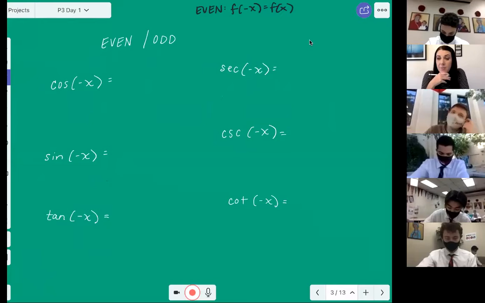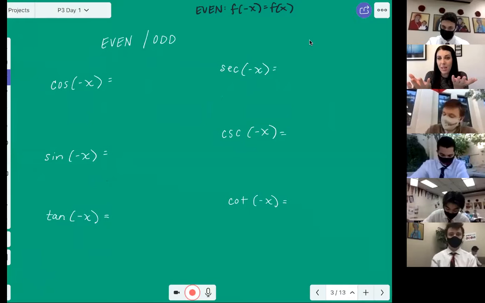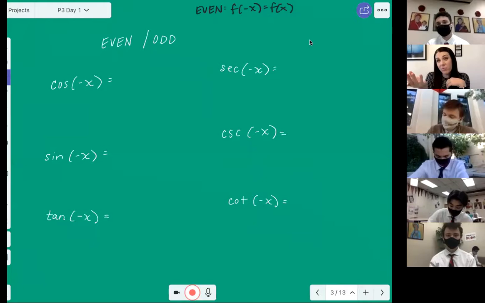That meant if I plugged in a negative x into a function and I got exactly the same thing as when I plugged in x, that it was even. So if I started with x squared and I plugged in negative x for x, I would get negative x quantity squared. That simplifies just down to x squared, which is exactly the same as if you just plugged in a regular x.